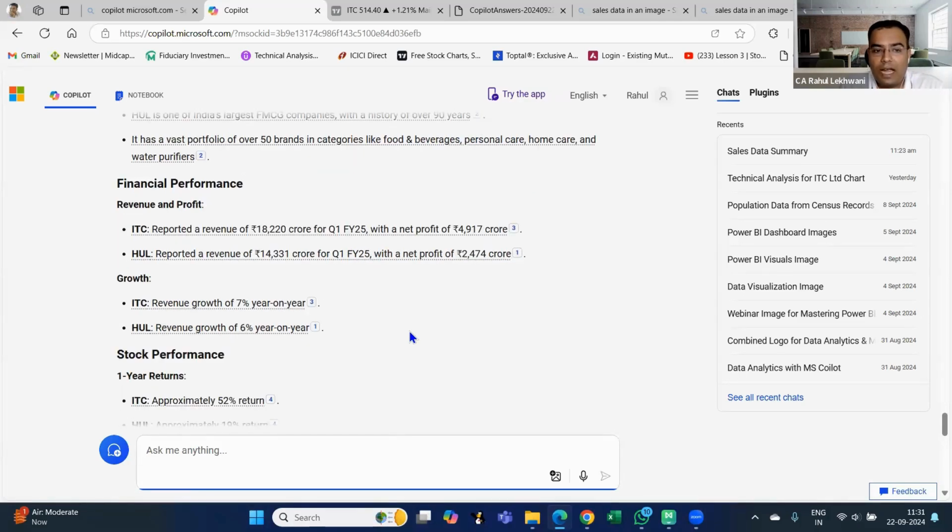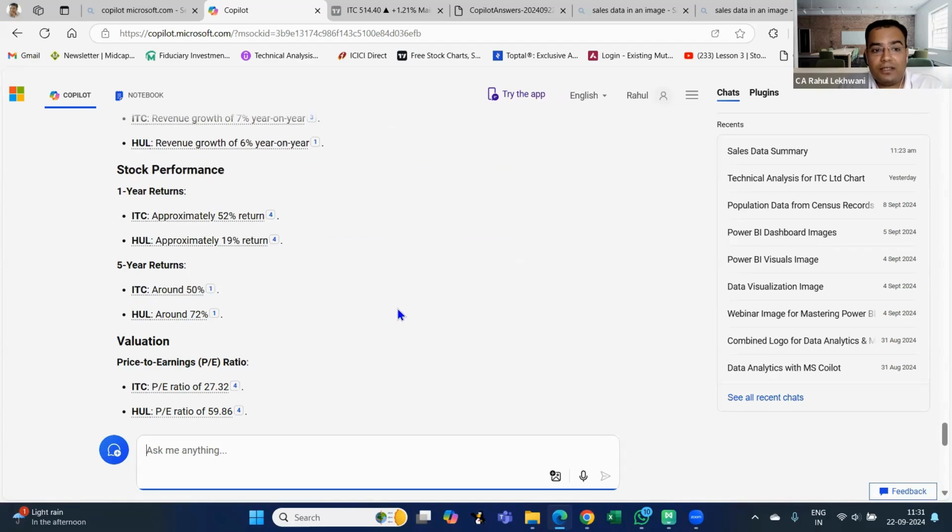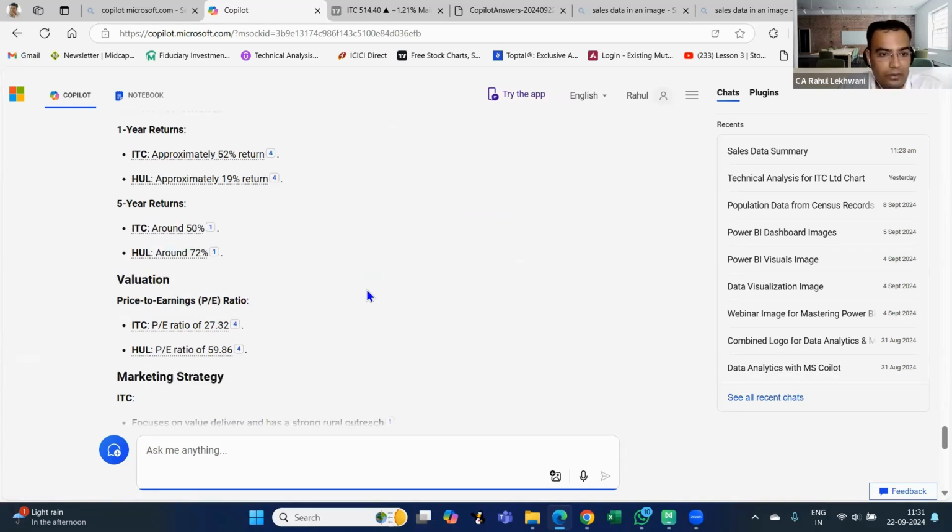Then revenue growth, ITC 7%, HUL 6%. Stock performance: ITC has given a whopping 52% return approximately, while for the same period, the 1-year return, HUL has given only 19%. Can you see this? Then the 5-year return: HUL has given a good 5-year return, while ITC has given only 50%. Valuation, this is crucial.